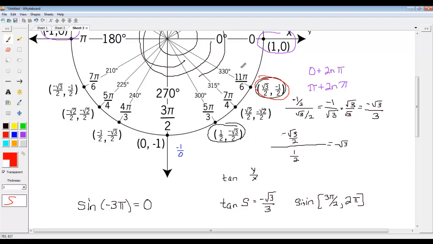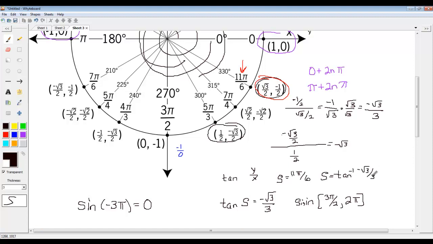So then I need to focus on the number there. So s, in this case, must be 11 pi over 6. So 11 pi over 6, I was basically doing an inverse tangent. s here was the inverse tangent of negative square root of 3 over 3.